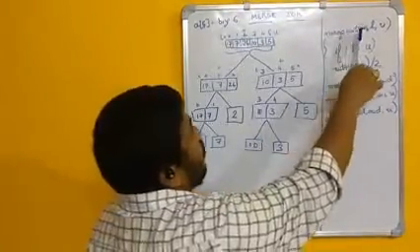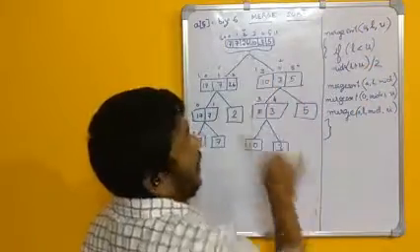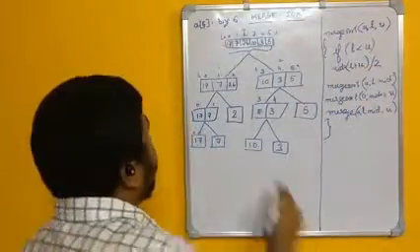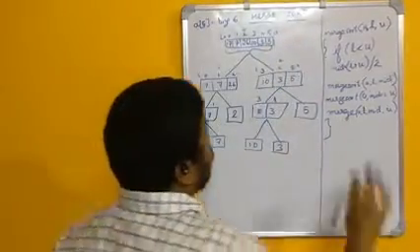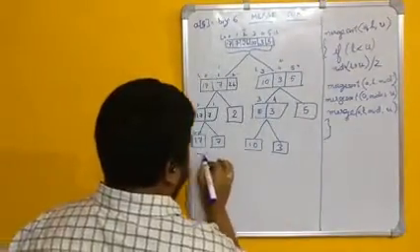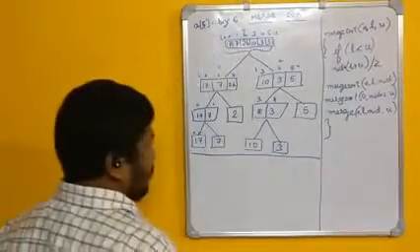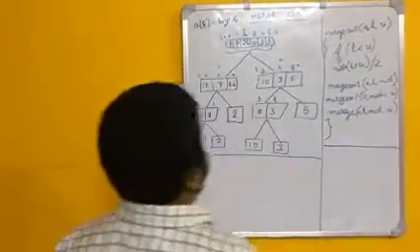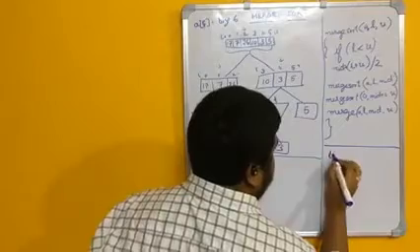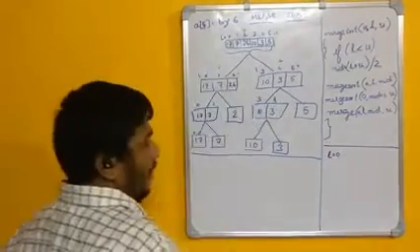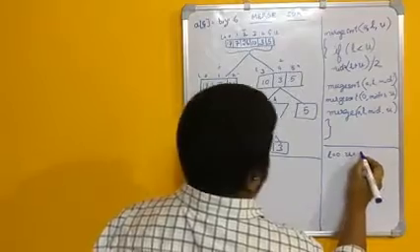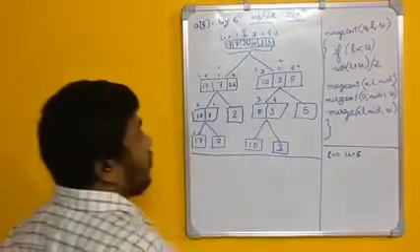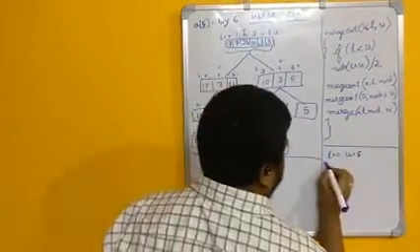First we will take one array. This is our array, where 0 is our lower bound and 5 is our upper bound. We will find the mid.